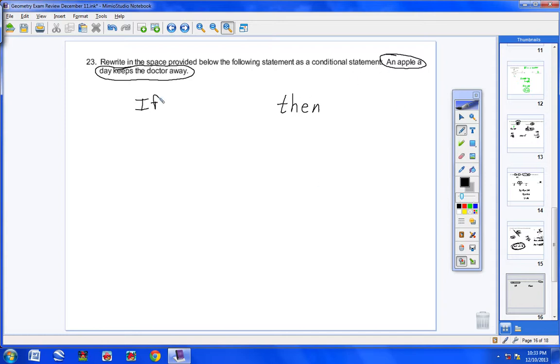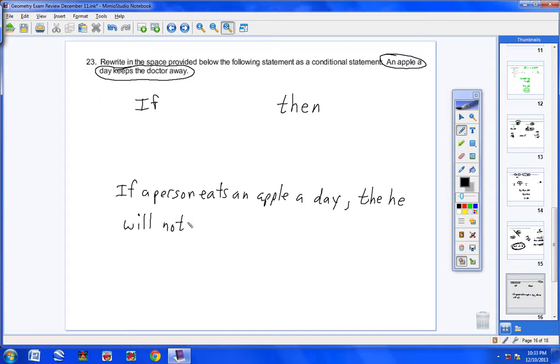Well, how can I rewrite this with an if and a then? Well, I think I know how to do that. An apple a day keeps the doctor away. So I'm going to put, if a person eats an apple a day, there's my if part, then he or she, it doesn't matter, will not have to see the doctor.